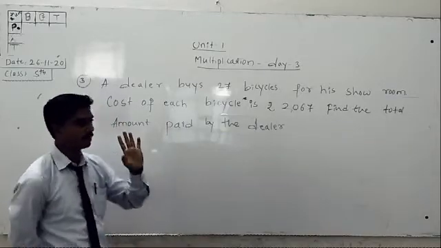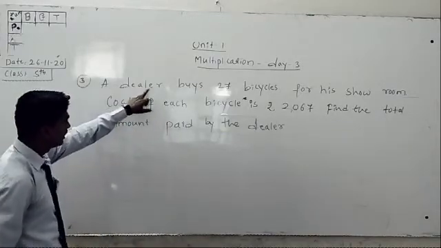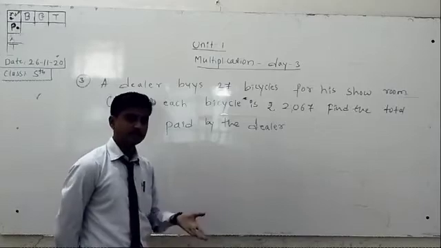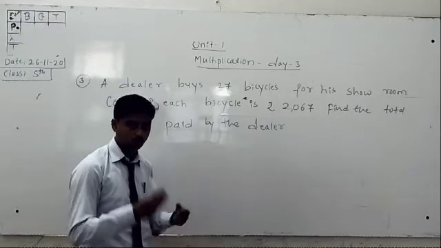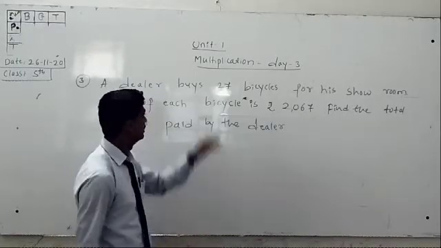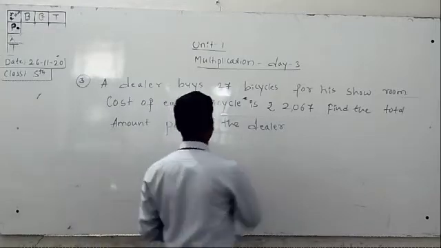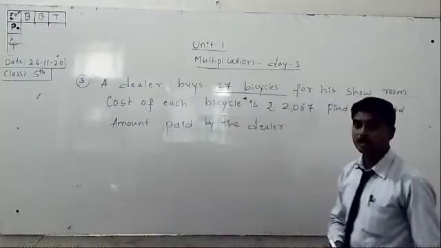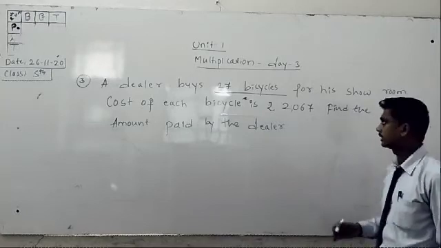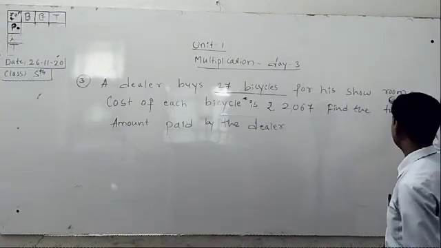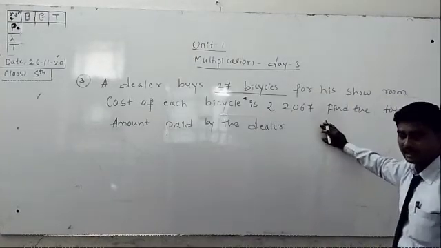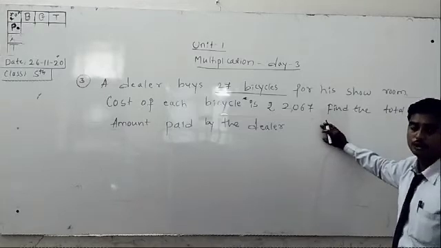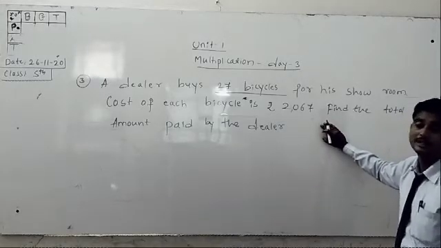Concentration is very important. A dealer buys means purchases. He purchased 27 bicycles. How many bicycles did he purchase? 27 bicycles are purchased for his showroom. A dealer has one cycle showroom. Bicycle means cycle.